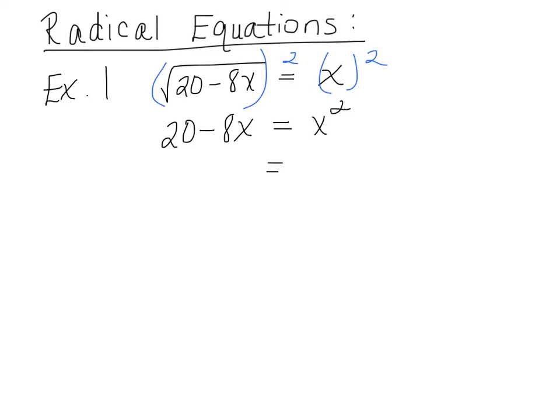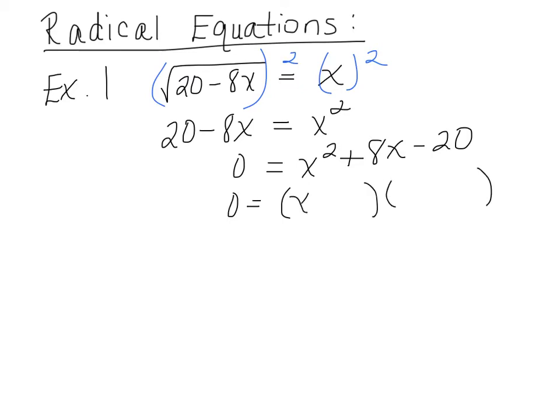And then I'm going to move everything over so I can try to factor it. Because you need two numbers that multiply to give you negative 20 that add to give you 8. So it'll be 10 and negative 2. And then you set them equal to 0.